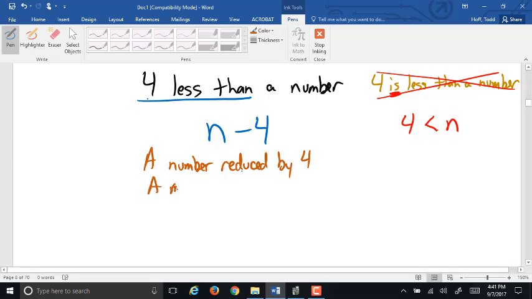A number minus 4, perfect. Number minus 4. Four subtracted from a number.